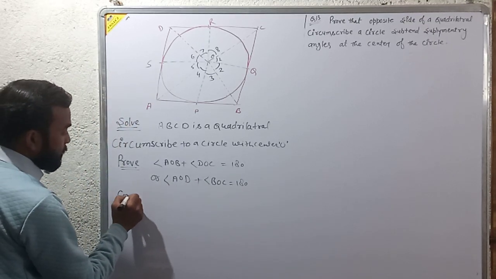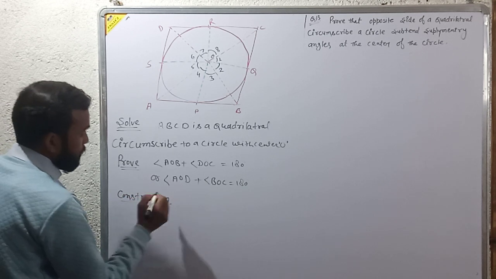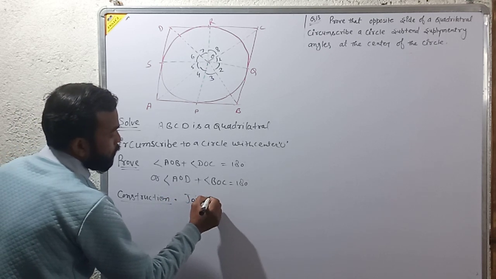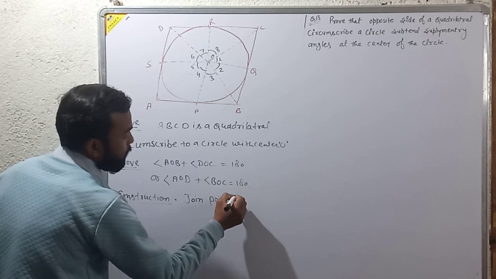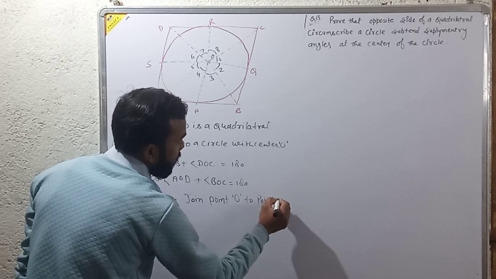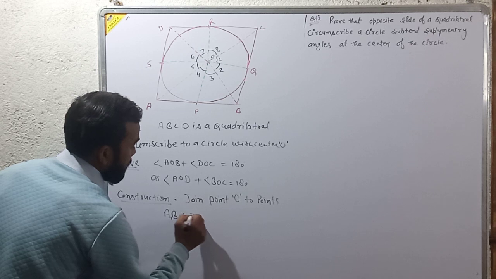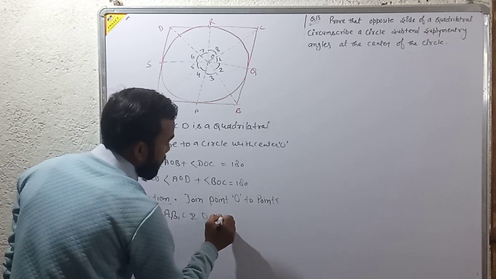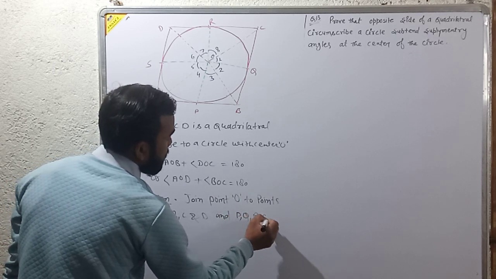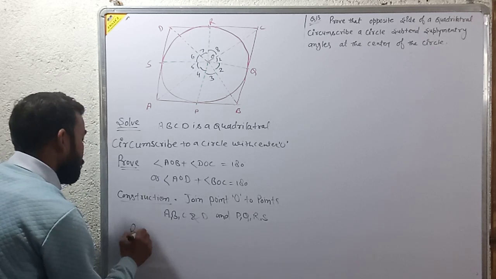Here is the construction. Join point O to points A, B, C and D and P, Q, R, S. Clear? Proof.